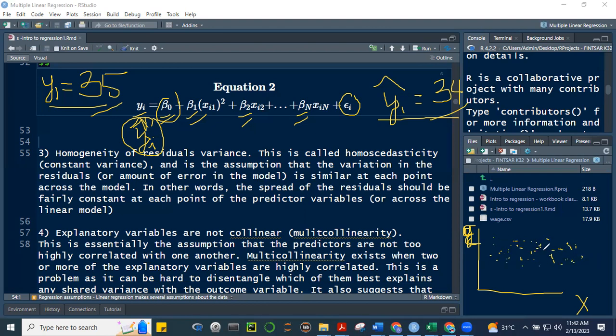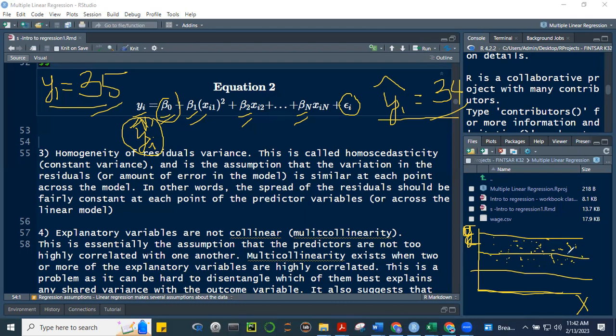Notice that if we draw a line here and here, over this value of your predictors, it has a constant mean. The average of your residuals is constant.